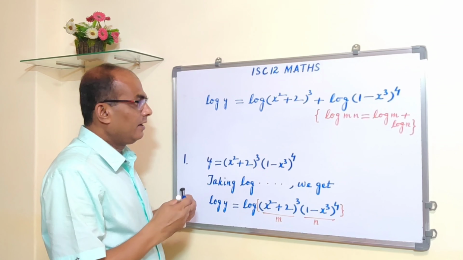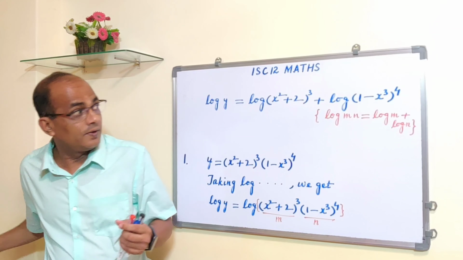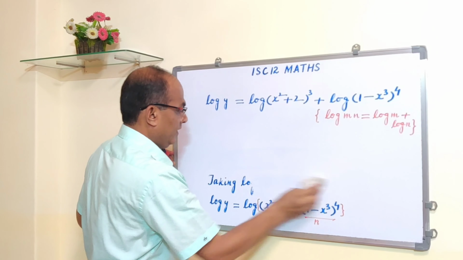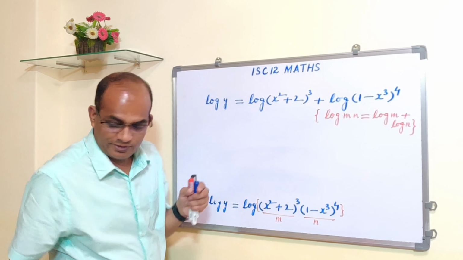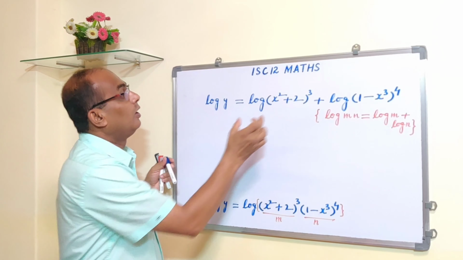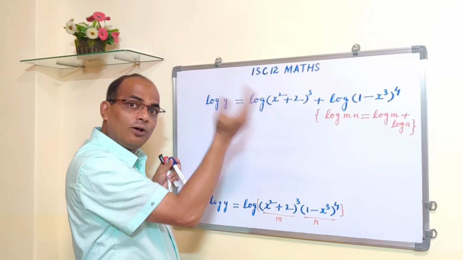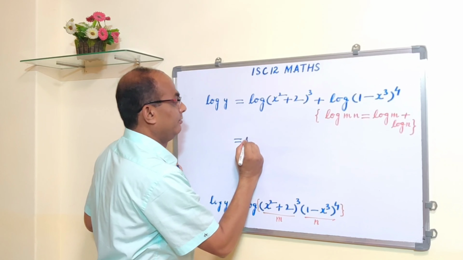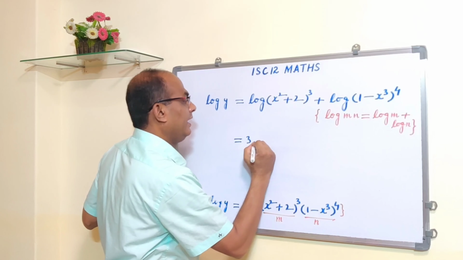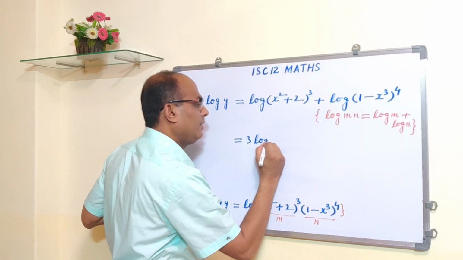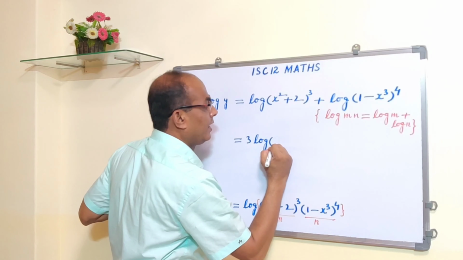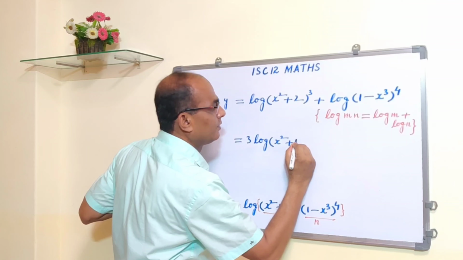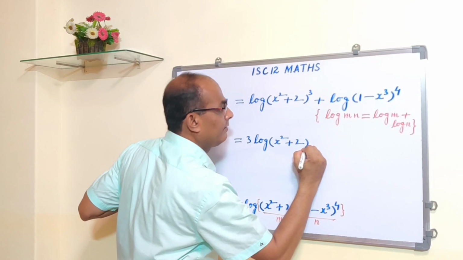Fine. After that, again one more formula we are going to use, and that is log m raised to the power n. Log m raised to the power n is n log m. So we can write down this is equal to n, means 3, n log m, m means x square plus 2. Fine.